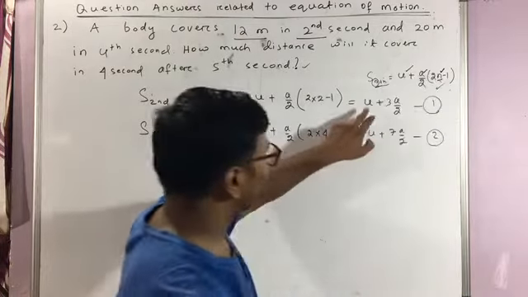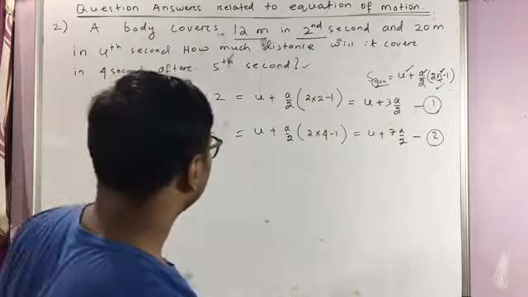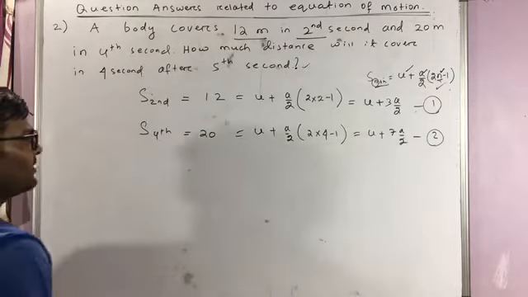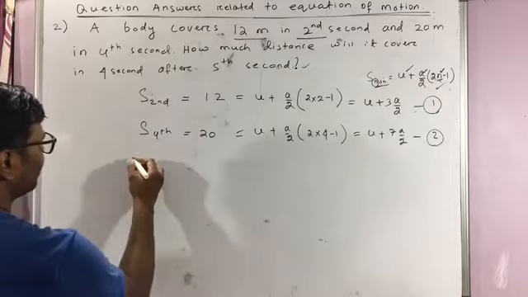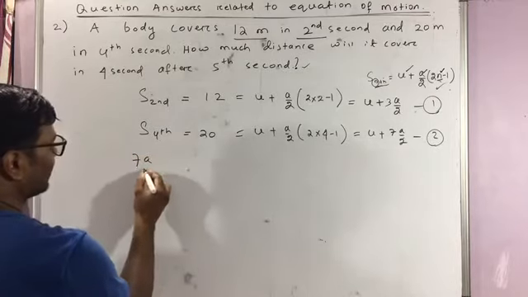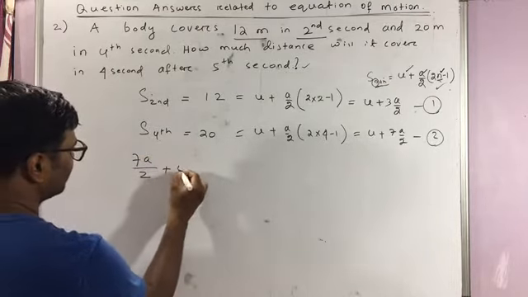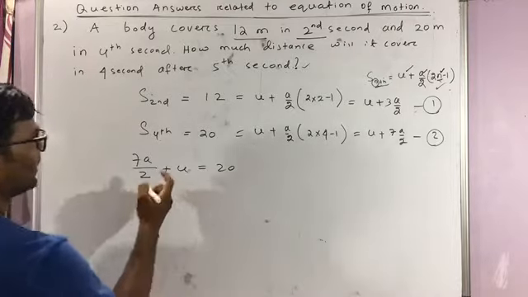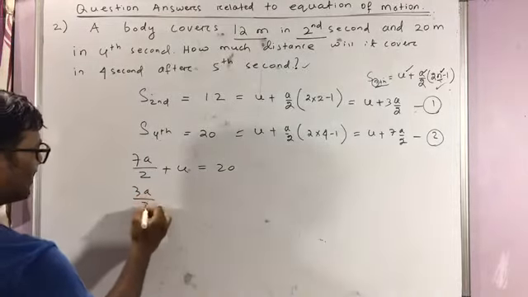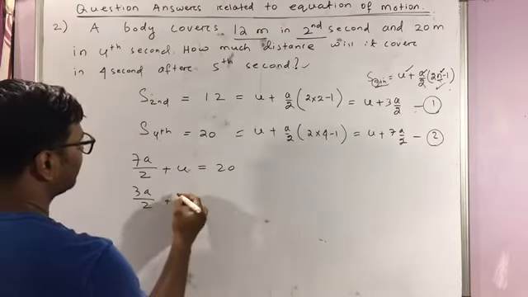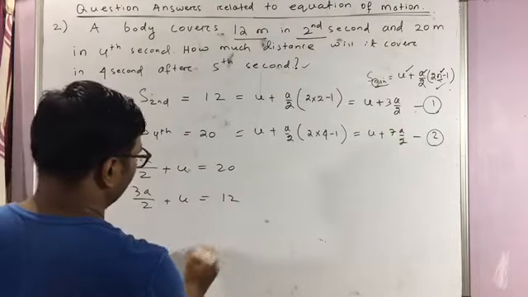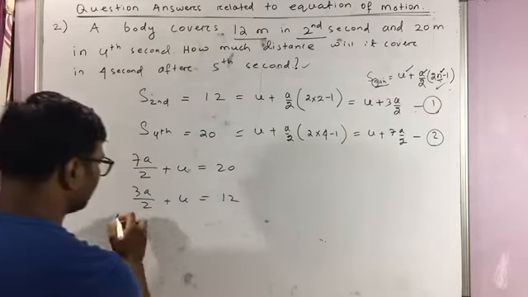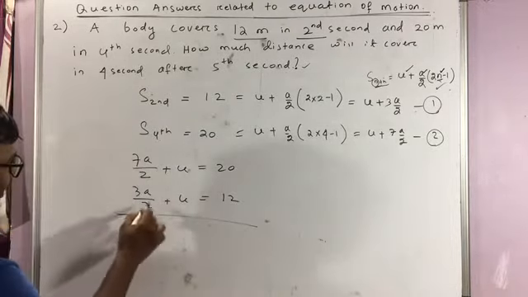Now you see here two unknowns, u and a, both are unknown, and two equations are there. So we can solve these equations. Let us write it here. Simply 7a by 2 plus u is equal to 20 and 3a by 2 plus u is equal to 12. Now I can subtract these two. If we subtract these two, we get 7a by 2 minus 3a by 2.